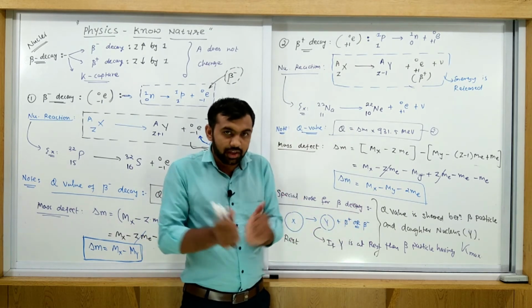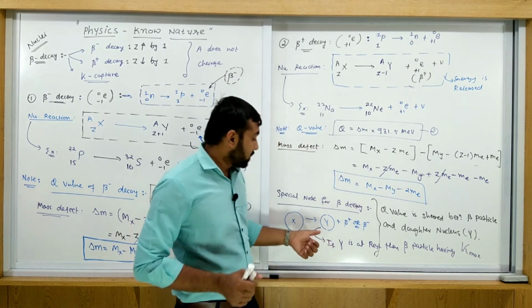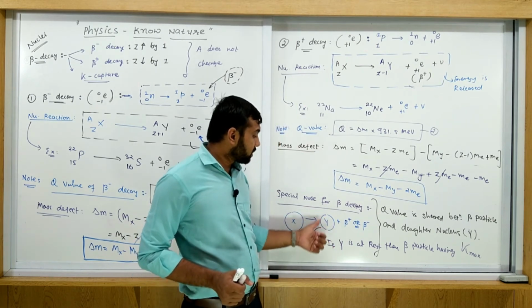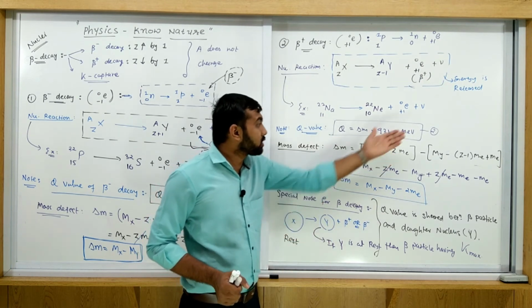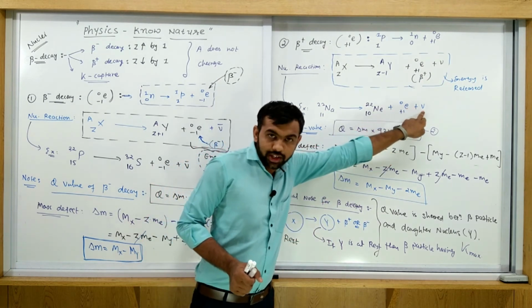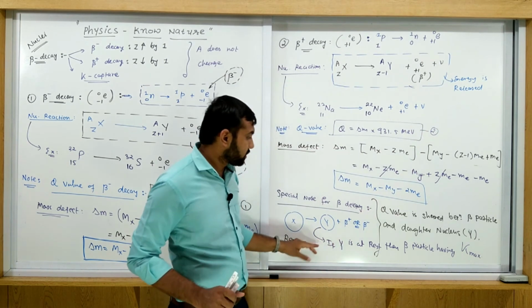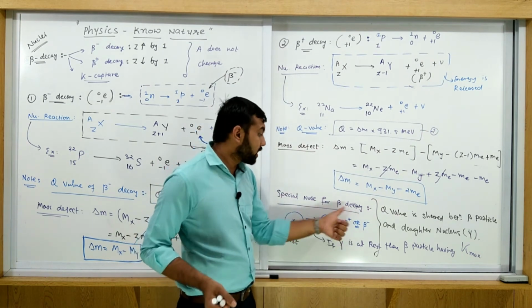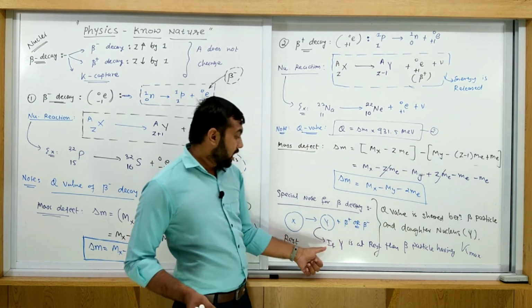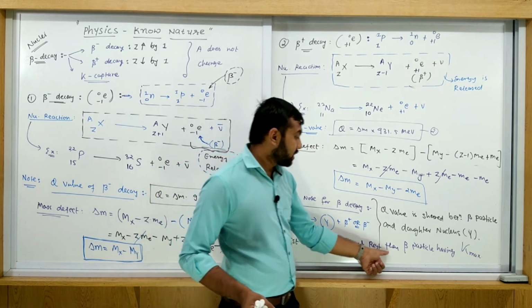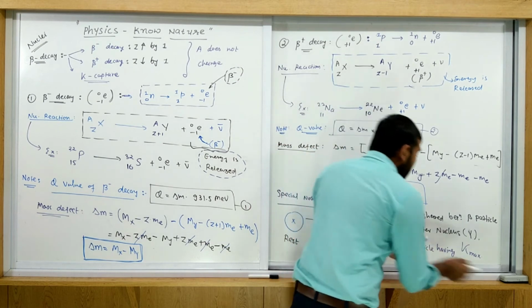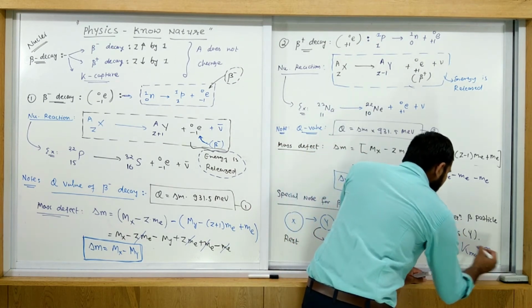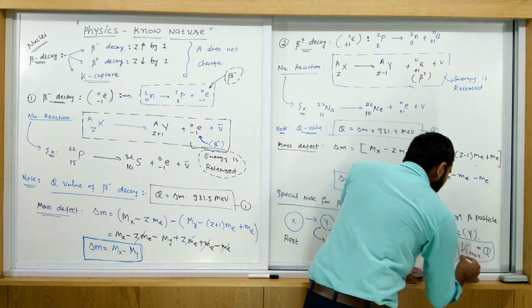But if Y is at rest, and the neutrino or antineutrino is also at rest, then all the Q value is gained by the beta only. So if Y is at rest, the beta particle has maximum kinetic energy, and this maximum is equal to the Q value of the particular reaction.